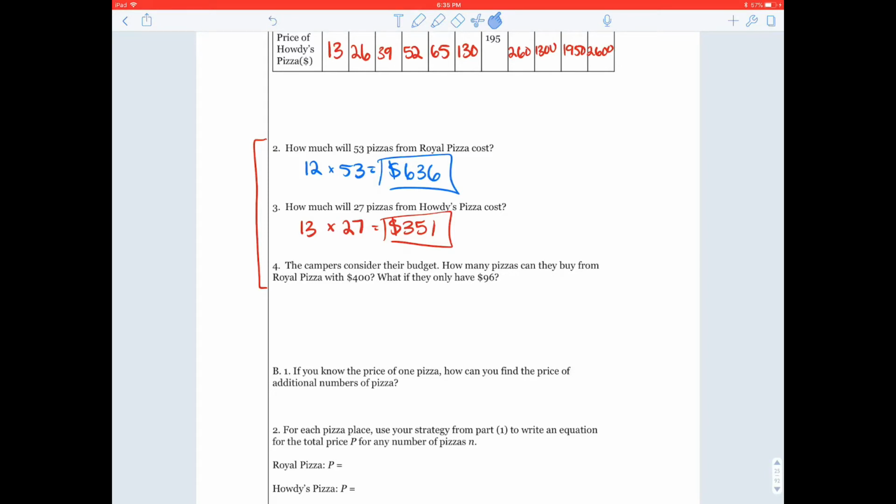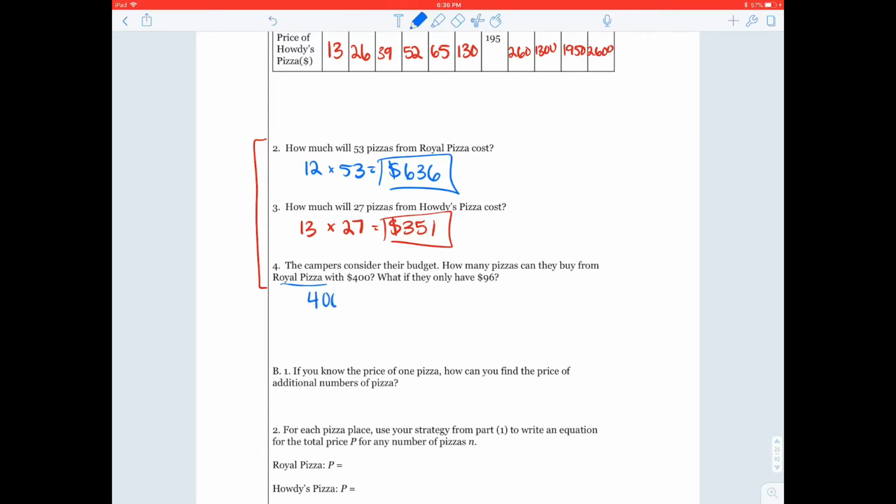This next question is kind of like working backwards. It says that campers consider their budget. How many pizzas can they buy from Royal Pizza with $400? So they don't want to spend any more than $400. $400 is the total amount they can spend. So where are we buying from? We're buying from Royal Pizza.